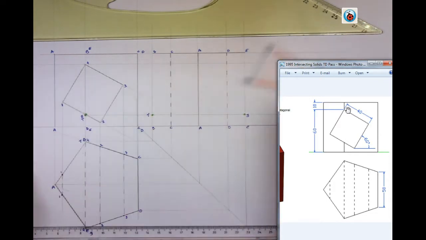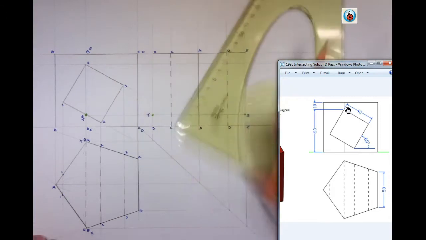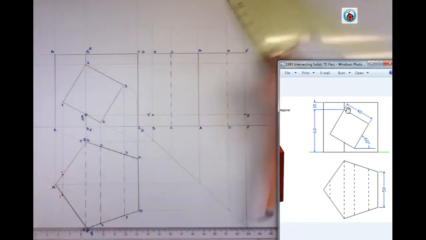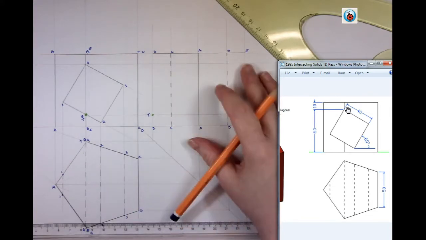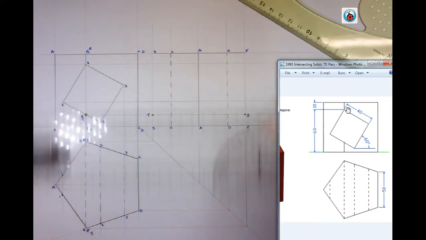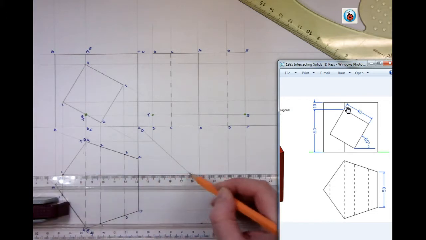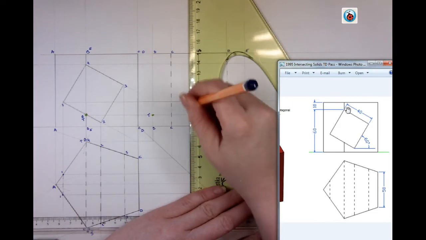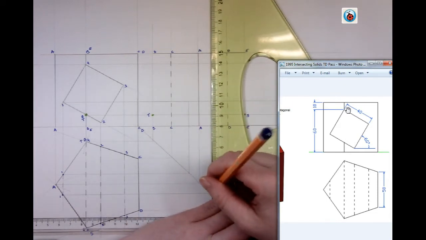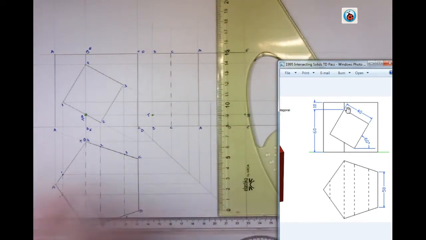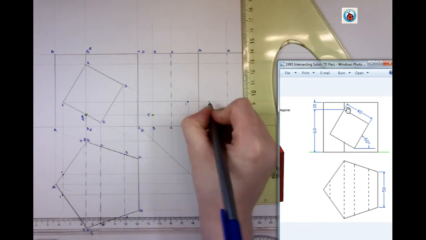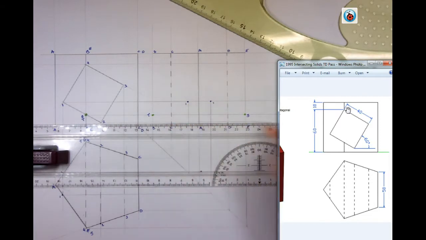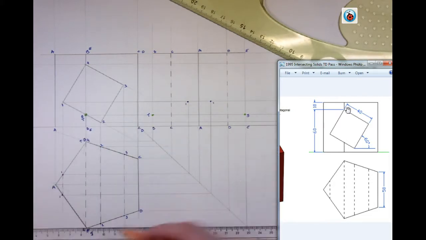The next thing I can do in my elevation is just darken in this line where it has been cut. Now, I'm going to find my points 1, 2, and 3 over here. So I'm going to start with point 1. 1 comes over. I'm going to bring my 2 1s over to my 45-degree line. Where they hit my 45-degree line, I'm bringing them up. Okay, 2. My two points come over.